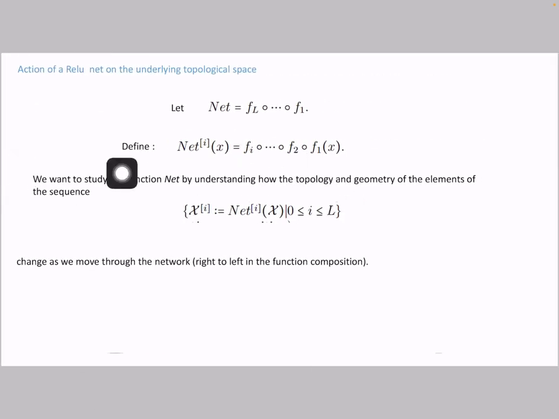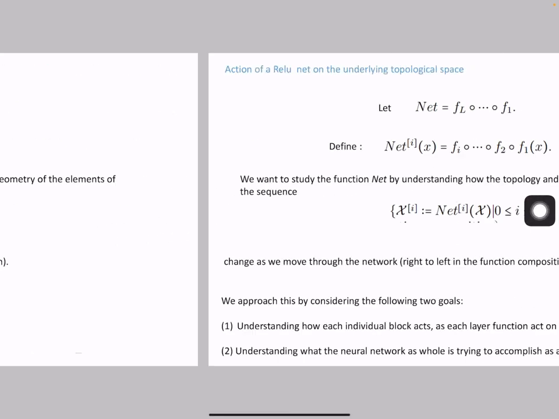And if my data set is X, then I'm going to define X superscript i to be the image of the ith head of the input topological space X. In the deep learning literature, those sets are called the activations of a neural network. So we'd like to understand the neural network net by understanding how it acts on the input space X and how it deforms those sequences of topological spaces.